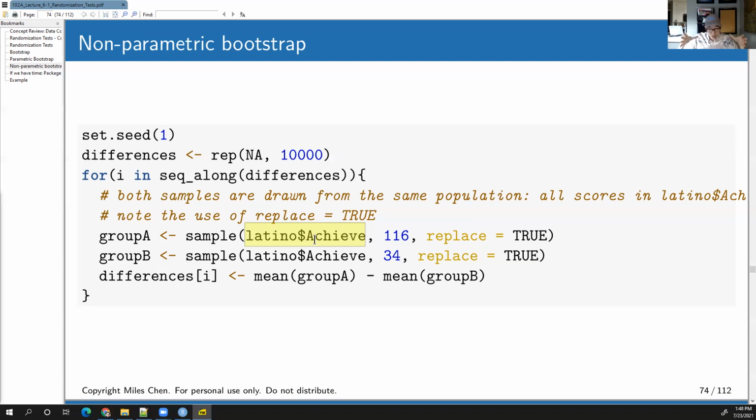We're going to say 116 of them go into group A, and then we're going to take 34 values drawn from that group with replacement and put them into group B. And this is what we would get if the null hypothesis were true. We're going to take the mean of group A, subtract off the mean of group B, and record that difference. We're going to do this 10,000 times. So that would be the distribution of differences.